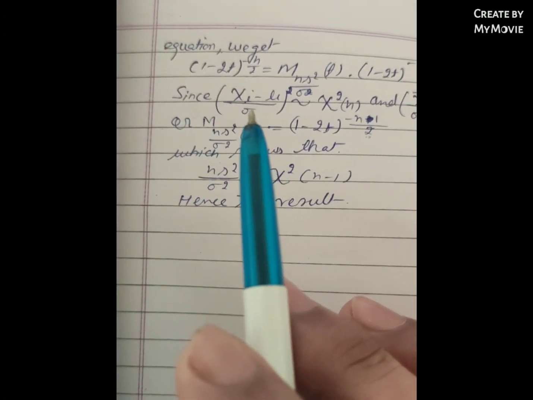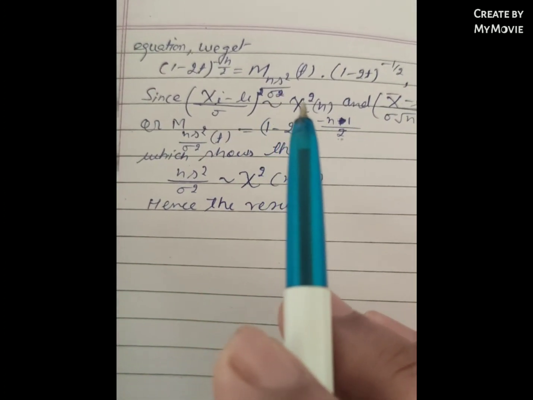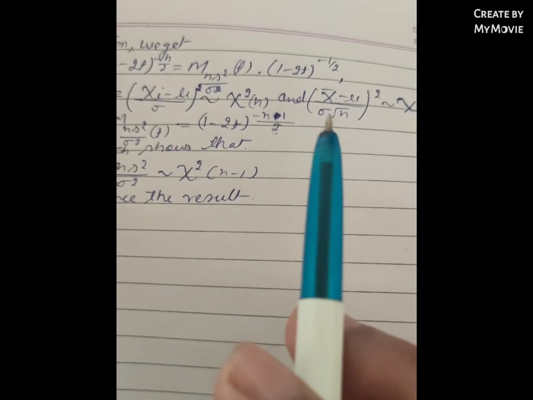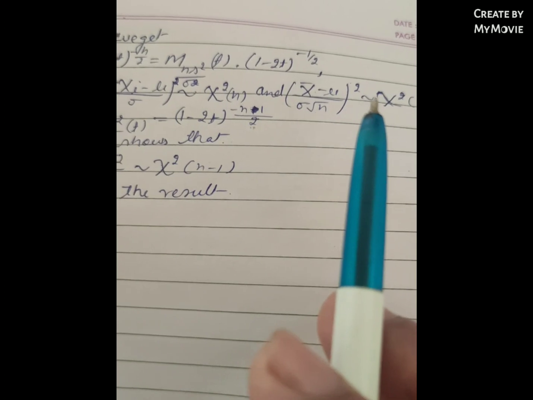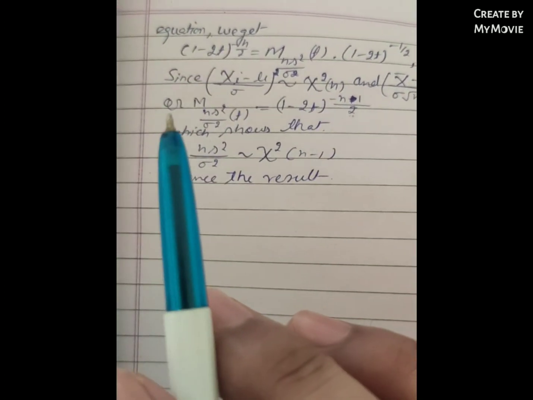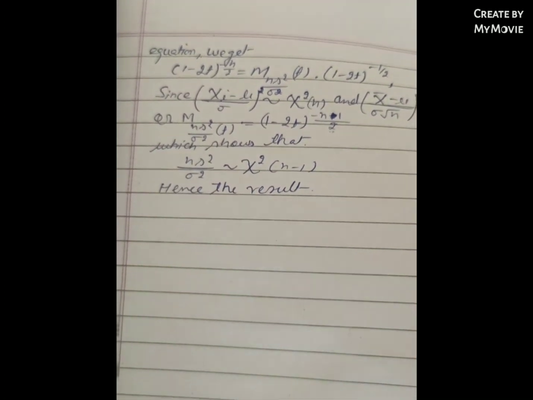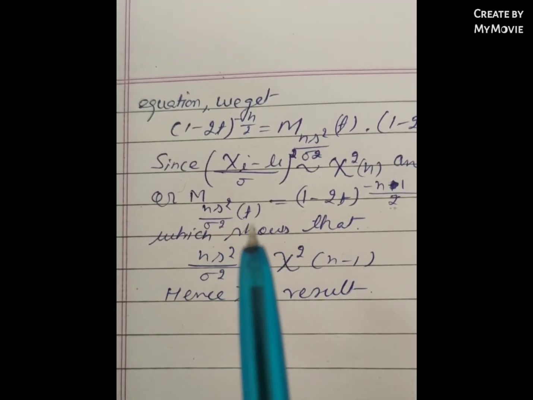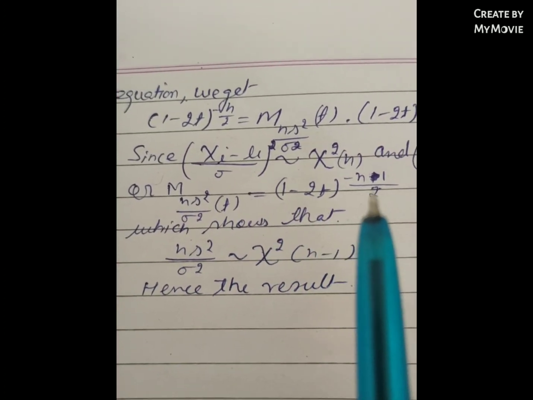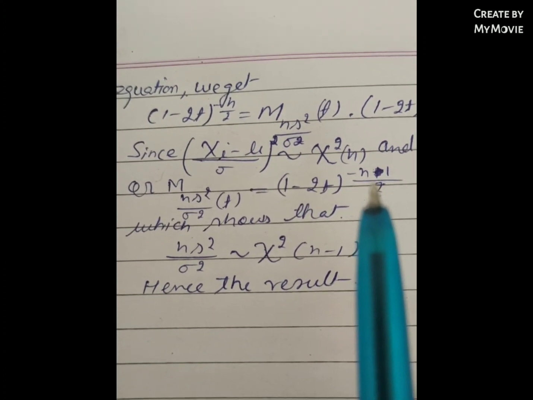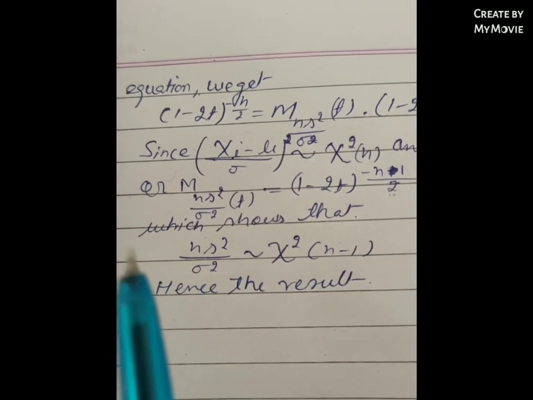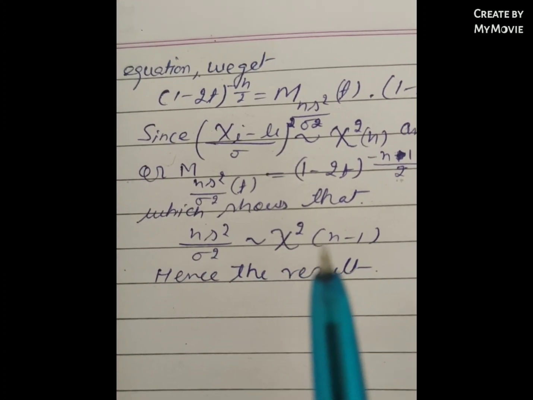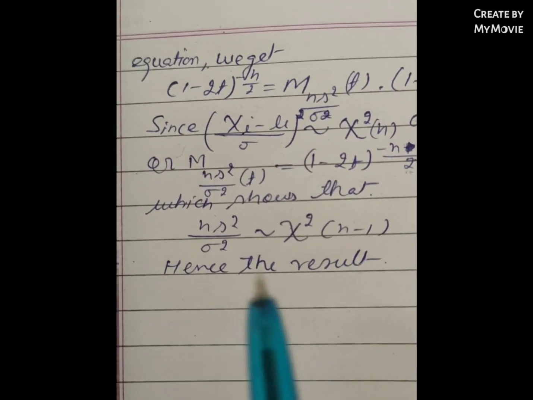Since ((xi minus mu) upon sigma) square is distributed as chi square n, and ((x bar minus mu) upon (sigma upon square root n)) whole square is distributed as chi square 1, M of n s square upon sigma square at t is equal to (1 minus 2t) raised to power minus (n minus 1) upon 2, which shows that n s square upon sigma square is distributed as chi square with n minus 1 degrees of freedom. Hence the result.